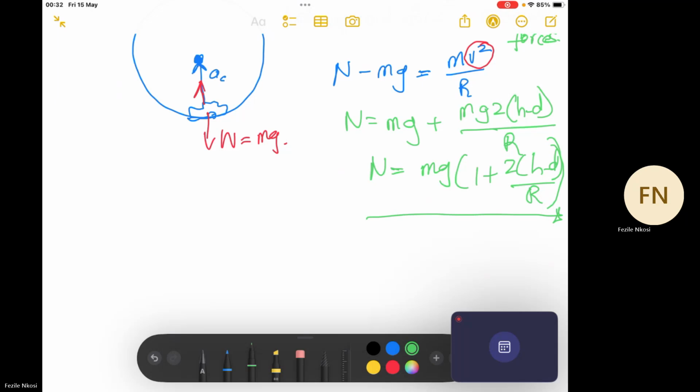Okay. And key takeaway, the normal force has to be, or is, greater than weight.